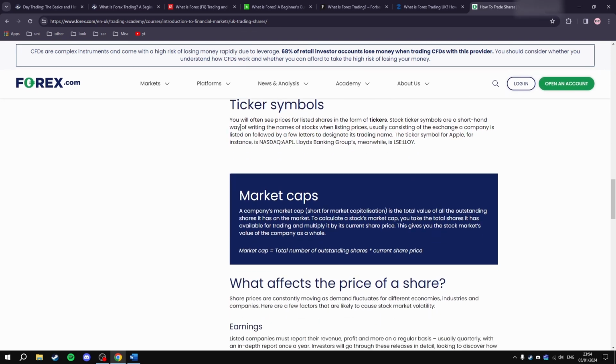Ticker symbols. You'll often see prices for listed shares in the form of tickers.